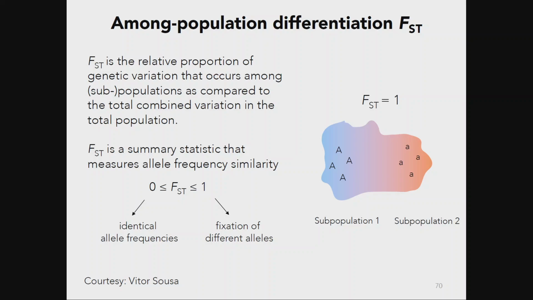Selection might be much more specific and localized. So if I see an FST outlier that is very localized in the genome, then this is maybe more compatible with selection than with demography, because if it's just isolation by distance, I should see this at other loci too that have nothing to do with selection. So this is the idea.